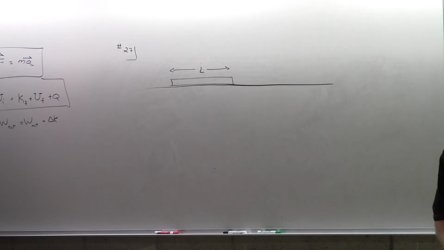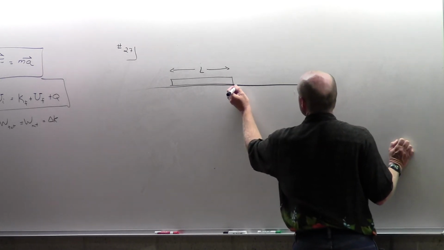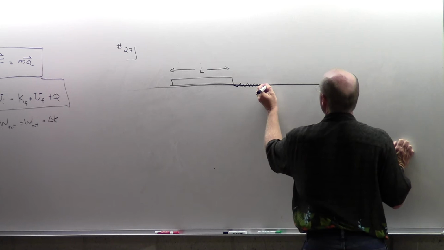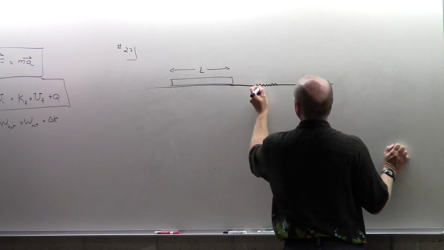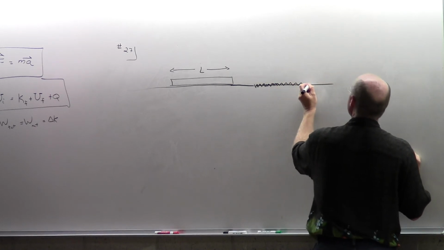The board then slides across a boundary where it now hits a rough surface. Maybe we're sliding it along some tile and we now hit some carpet. Or maybe we just hit some asphalt. Well, let me give a little bit of room. So we'll do that. Then we hit a rough surface.